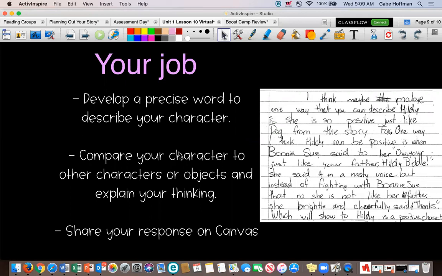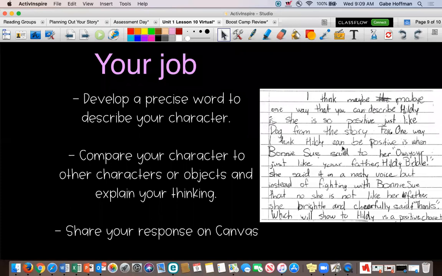Yep. So that's your job before you meet with us today, if you're in our second group, all right? But you're going to compare your character to other characters and objects and explain your thinking. So here's the example, right? It says, I think maybe one way that you can describe Hildy is that she is positive, just like Dog from the story Fox.